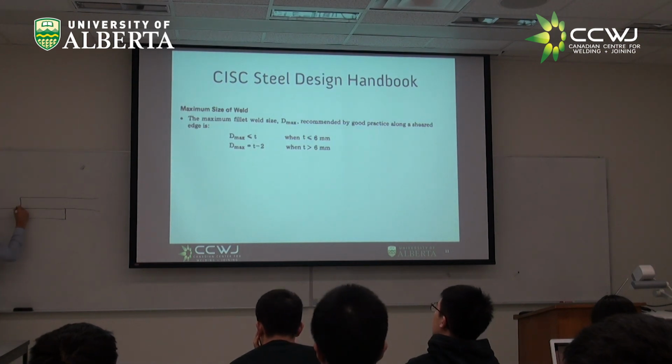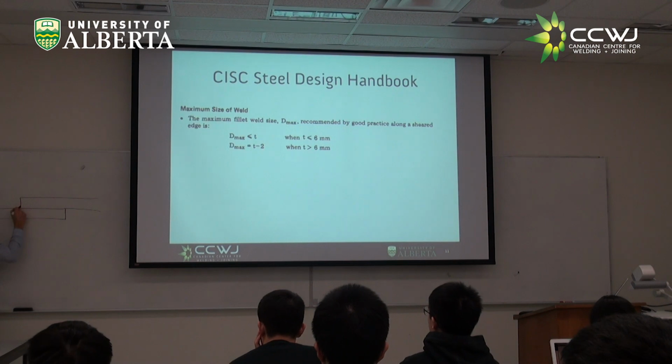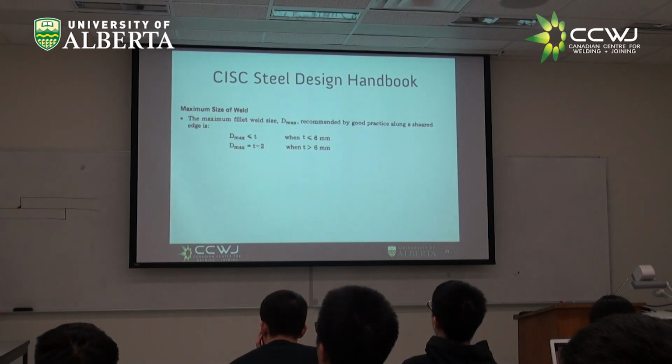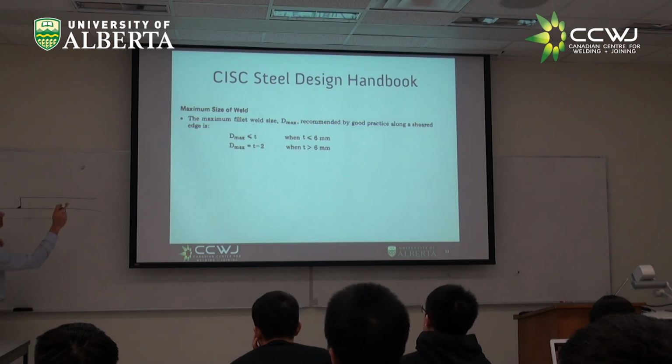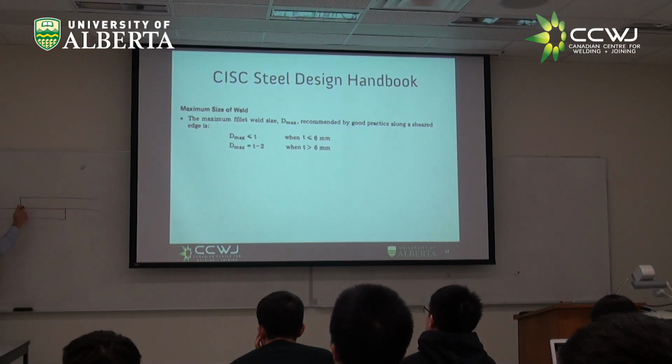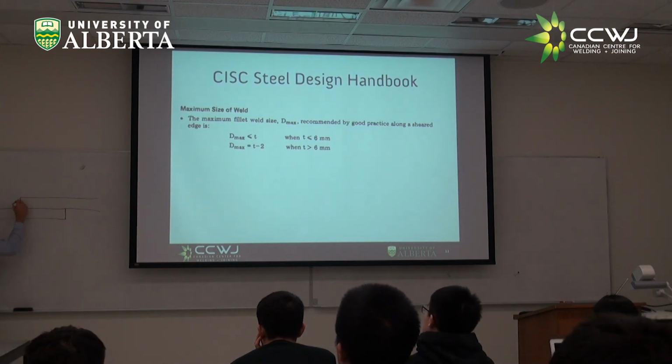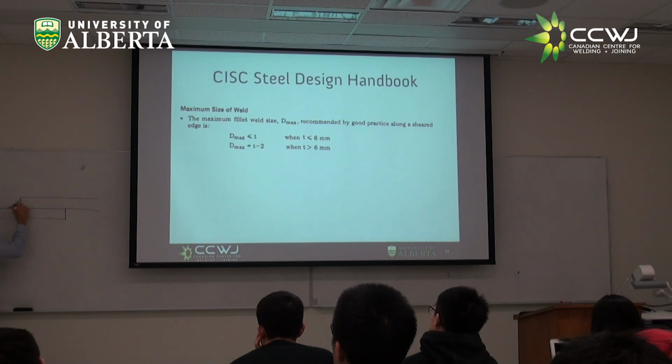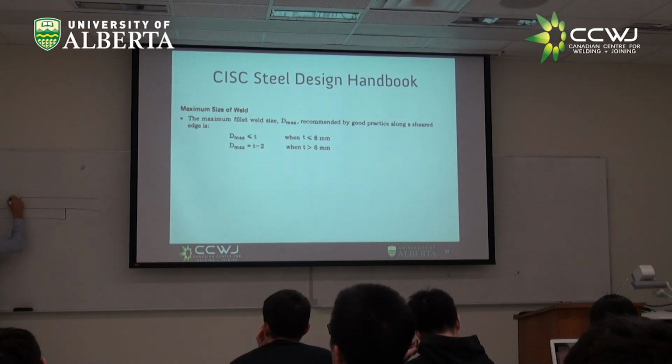And it says, don't make a fillet any smaller than this. Fine, I'm okay. Right? But it says that the fillet should be, when this thickness is more than 6 millimeters, T minus 2. Leave 2 millimeters here.